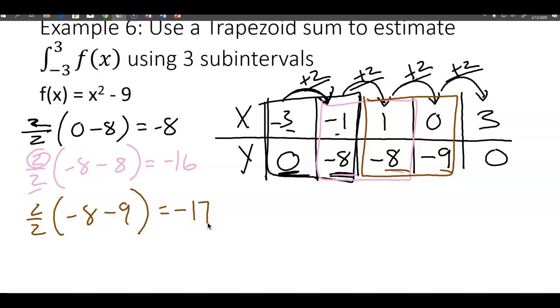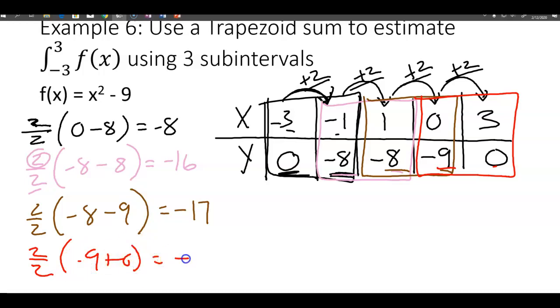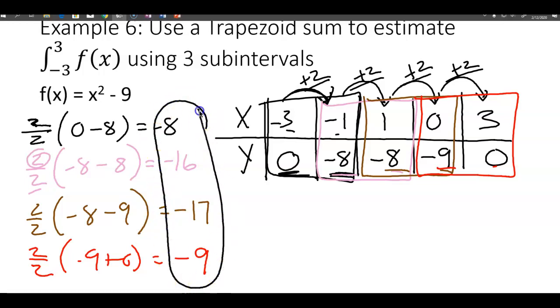And then finally, the last trapezoid goes from -9 to 0, so we have a height of 2, and my bases are -9 and 0. And then we just have to add all 4 of these up, and we'll have our final answer, which would be -50.